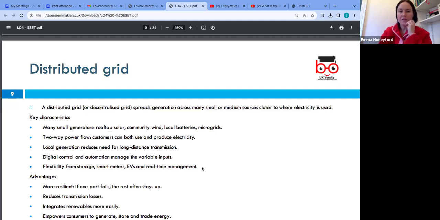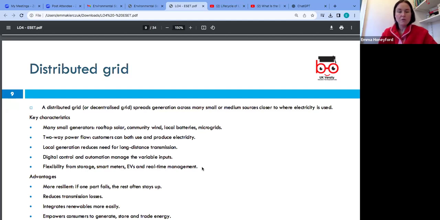Key characteristics: many small generators, such as rooftop solar, community wind, local batteries and microgrids, and two-way power flow. We've seen a massive turn to consumers pumping energy back into the grid. So you've got two-way flow. That's positive. It's more sustainable because consumers can both use and also produce energy, which is fantastic.